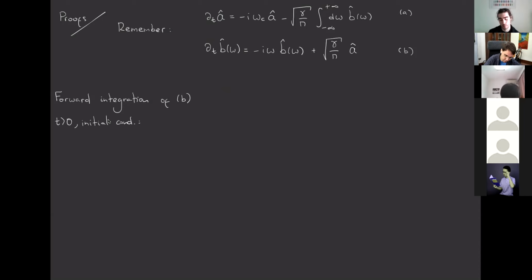So we give an initial condition, which is that b of omega at time 0 is just b0 of omega. So this is what we have done so far.